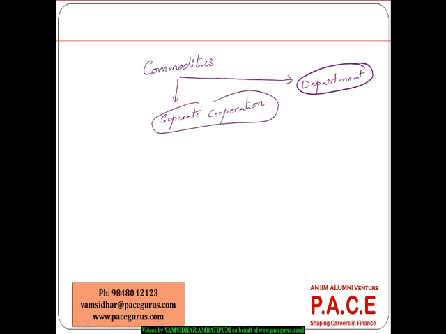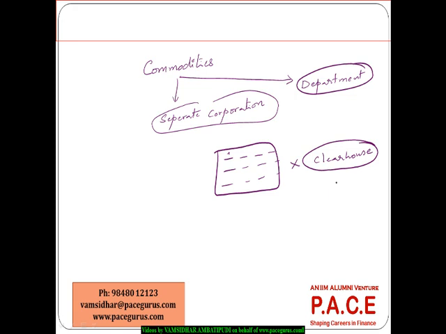It hardly matters except for the legal existence and a few things from that dimension. So typically speaking, when we are talking about members of the exchange, let's say this is the exchange, with various members of the exchange, each member need not be a member of the clearing house, but the converse is true. Every clearing house member has to be a member of the exchange itself.